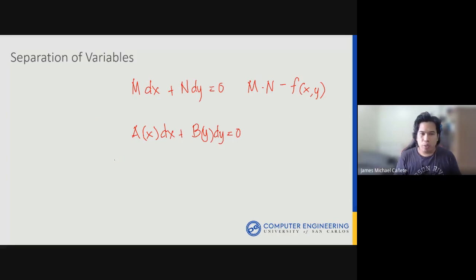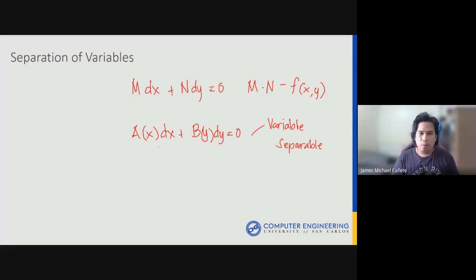A first order differential equation that can be separated is also called a variable separable differential equation. Variable separable equations are first order differential equations that can be written in this form. What do we observe here?